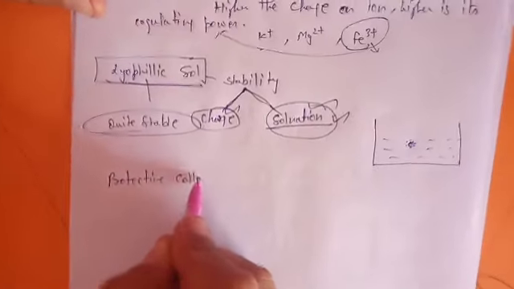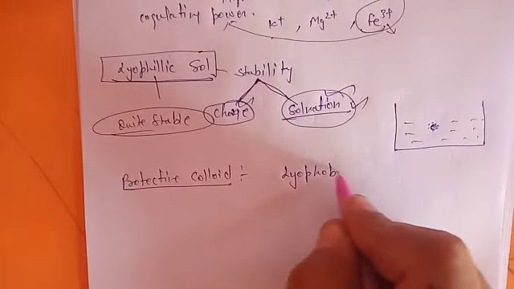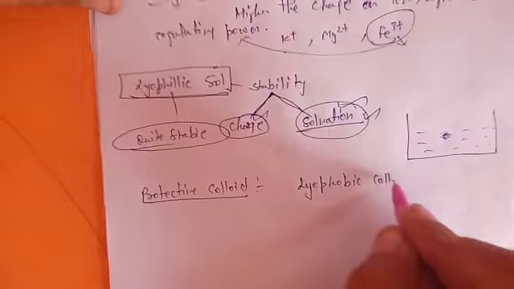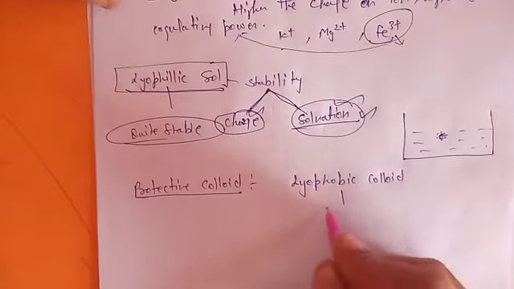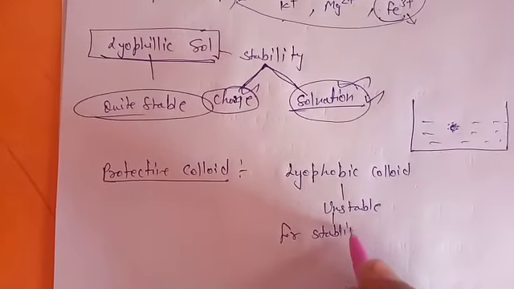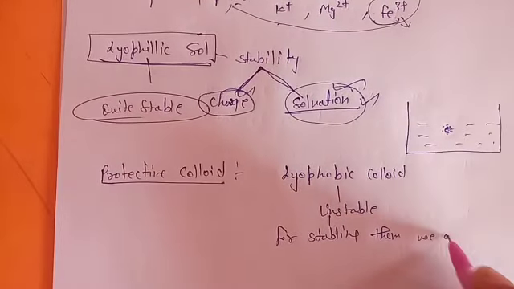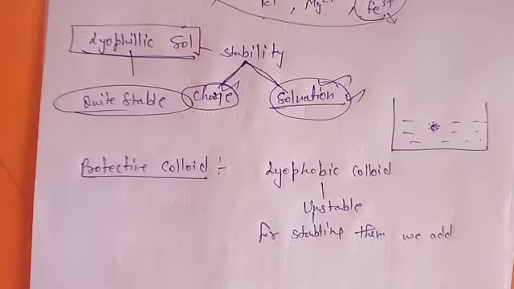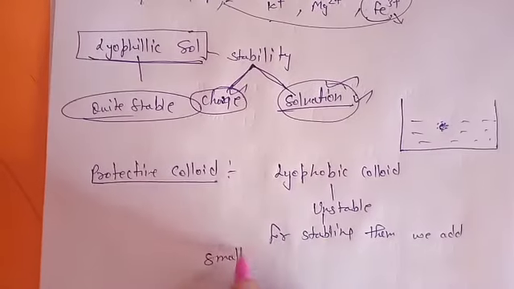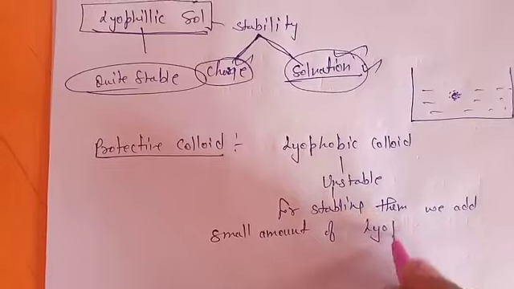There is a topic in your book known as protective colloids. It means we know that lyophobic colloids are unstable. So for stabilizing them, we add a small amount of lyophilic colloid.